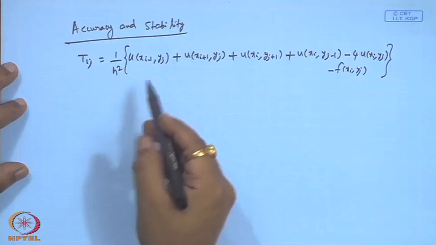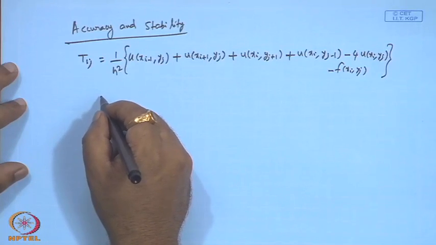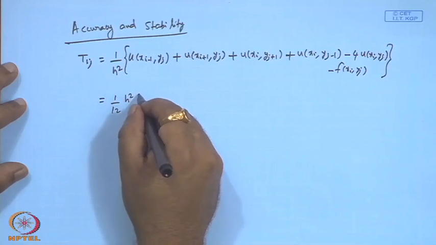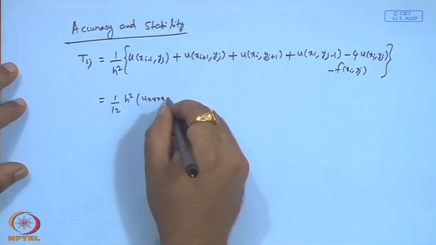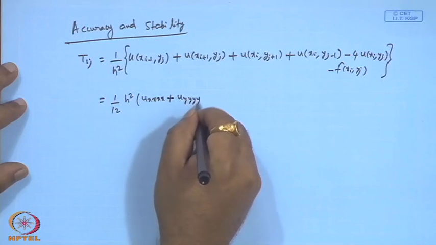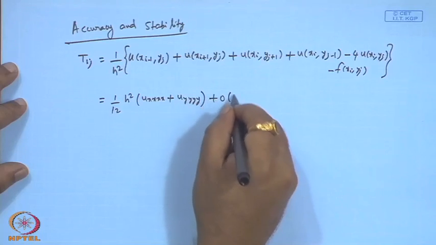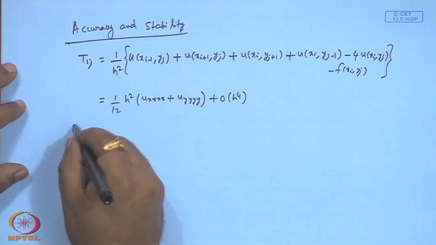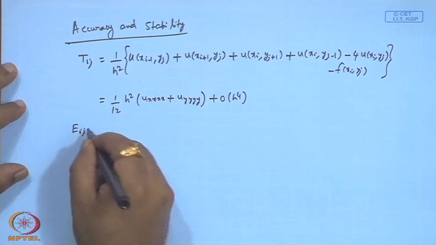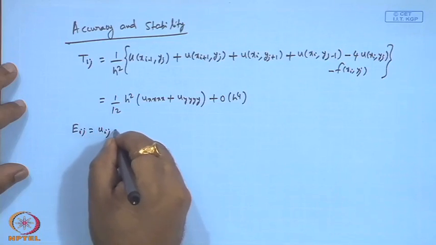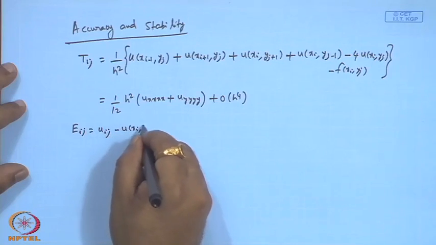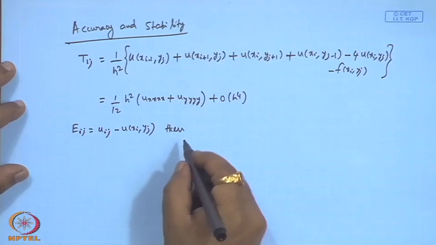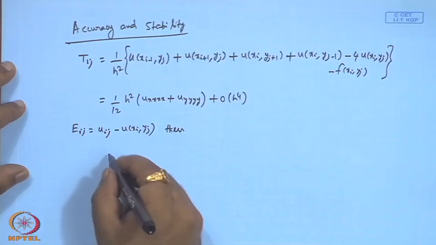So, when we expand and then see, this reduces to this. Okay. And correspondingly, if we introduce this, then the error satisfies the following equation.